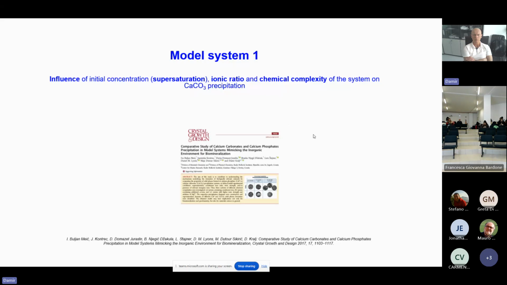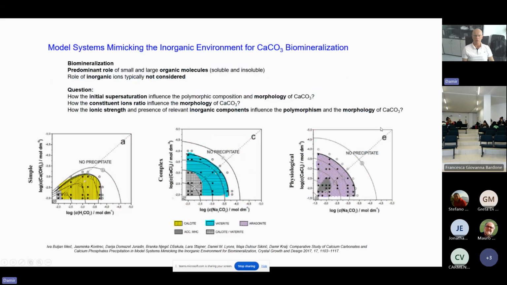So in this first system, we investigated the influence of initial concentration or supersaturation, the ionic ratio, but also the chemical complexity on precipitation of calcium carbonate. This system is defined as a system which mimics the inorganic environment for calcium carbonate biomineralization.